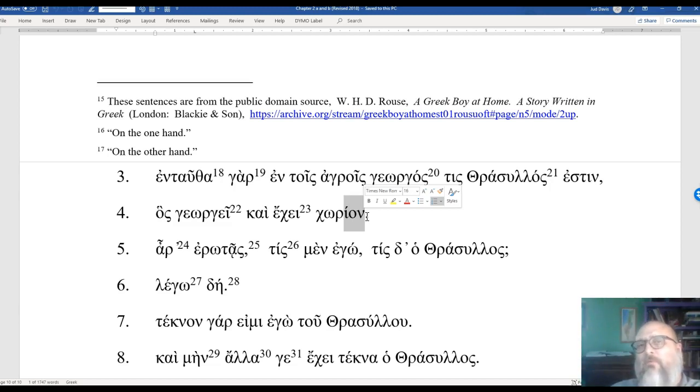Don't fret over, oh my goodness, I need to look it up. Just keep reading. There in the fields is a certain farmer, Thrasylos. Notice that's capitalized, so that's a proper name, who farms, and he has a chorion.